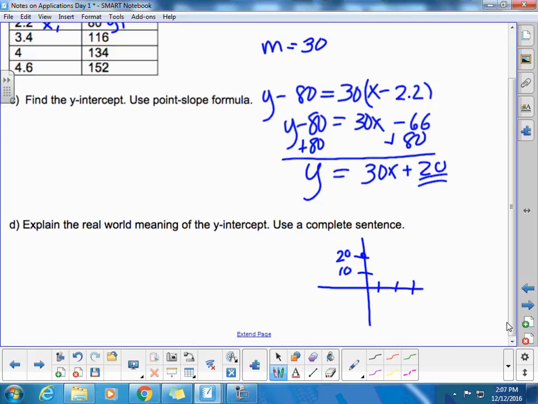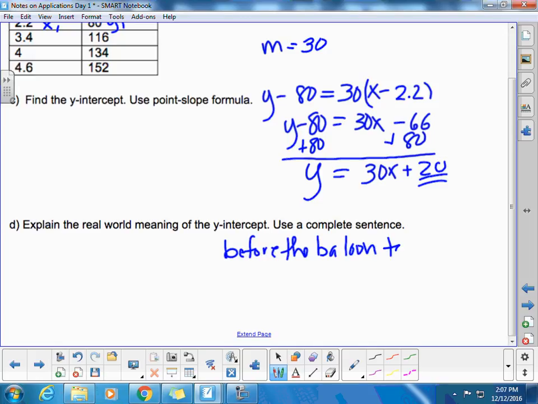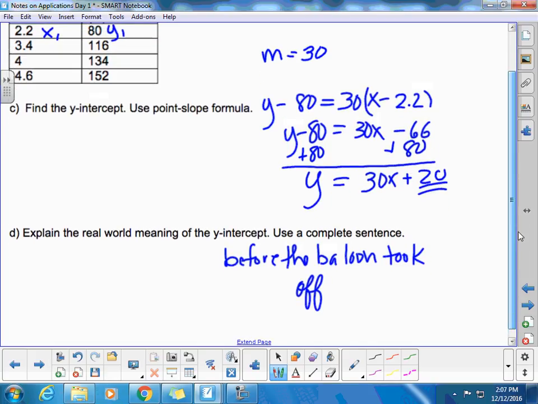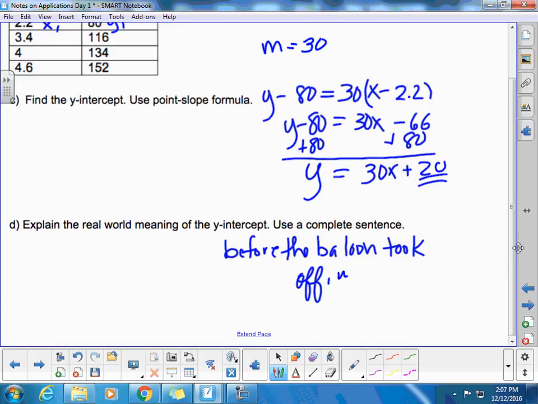So the real world explanation using a complete sentence: before the balloon took off, we were at 20 meters high.